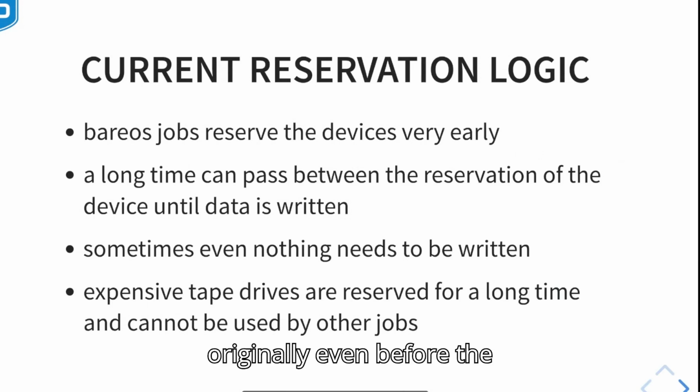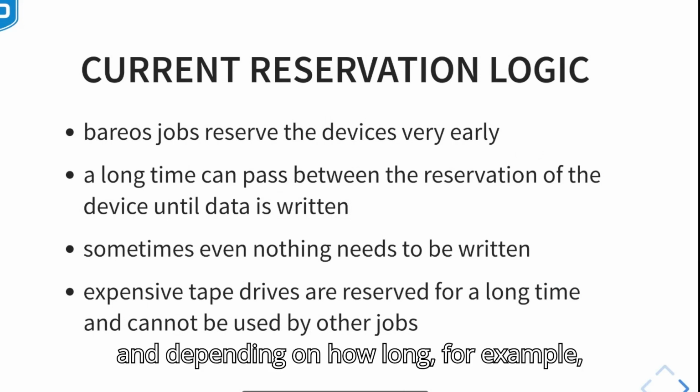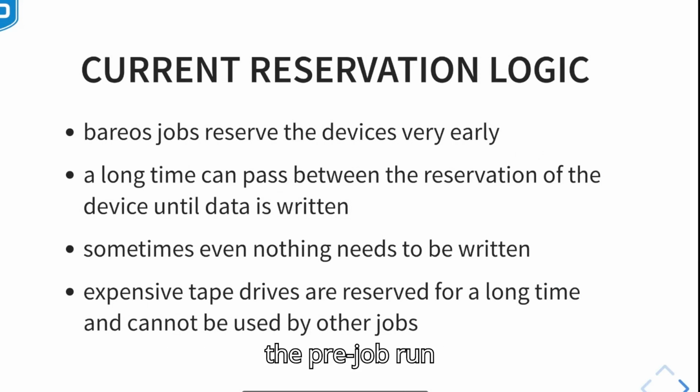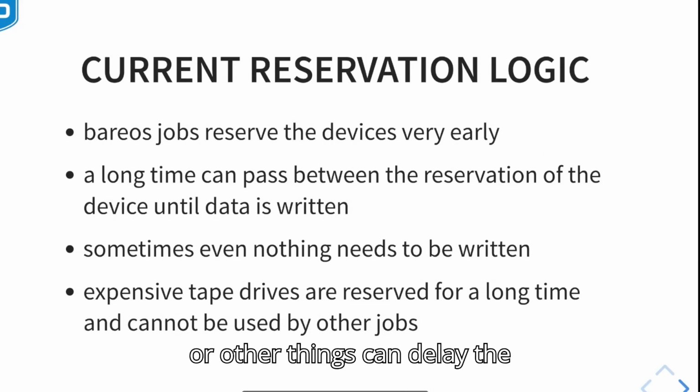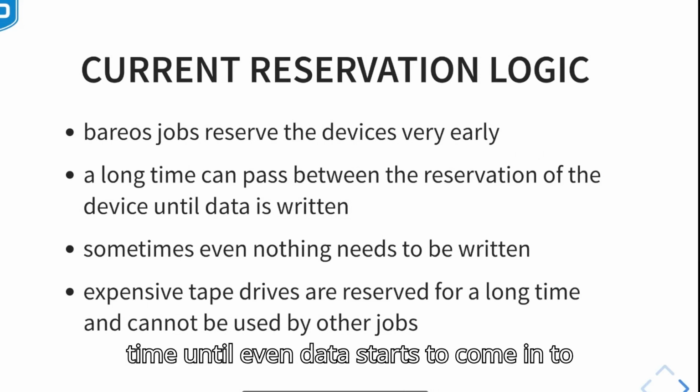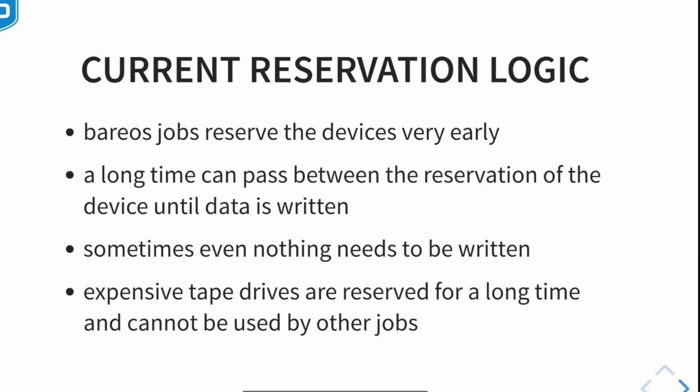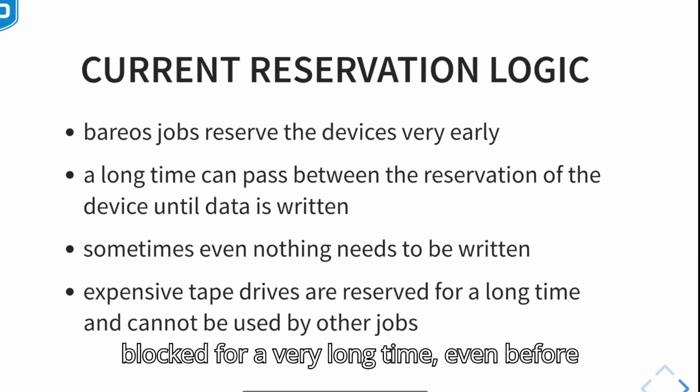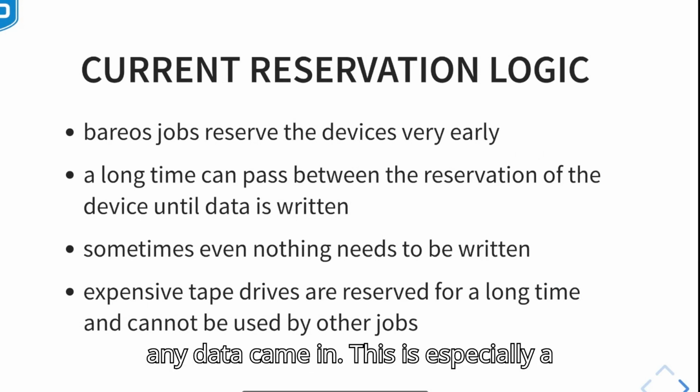So originally, even before the pre-job scripts were executed, and depending on how long, for example, the pre-job run or other things can delay the time until even data starts to come in to be written, the devices have been blocked for a very long time, even before any data came in.